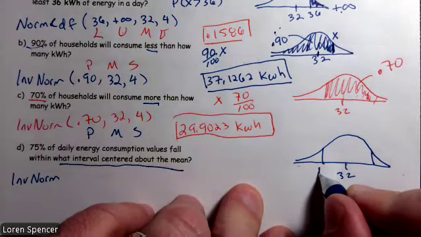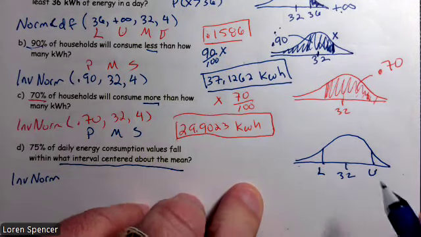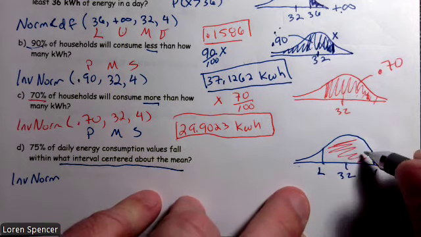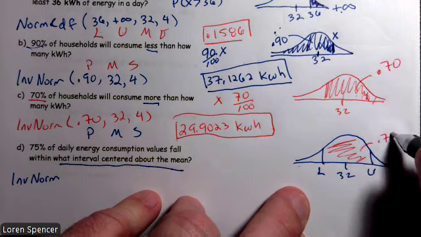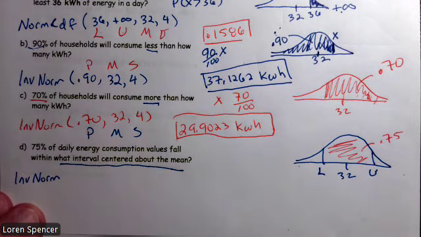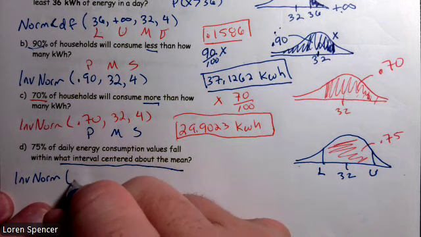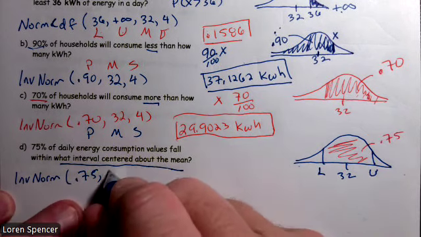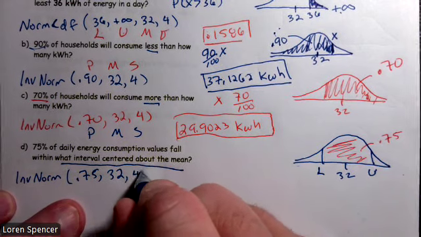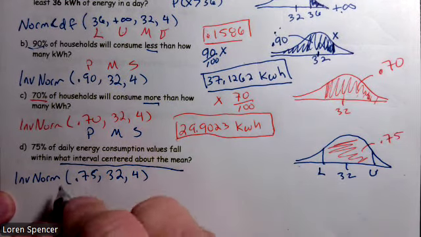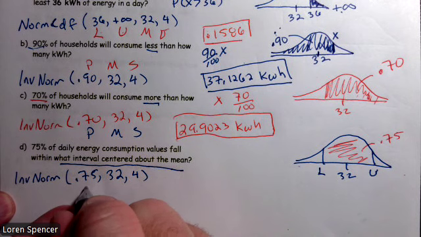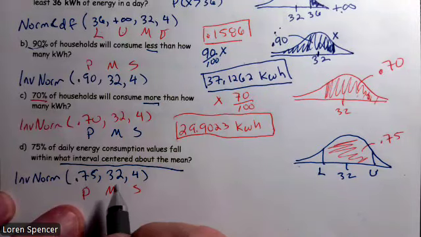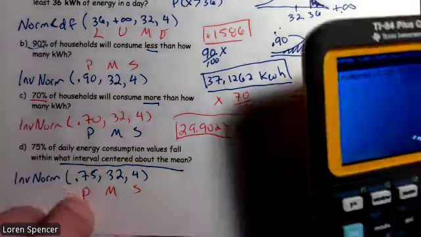We're looking for a lower and an upper, and this area right here needs to be 0.75. So inverse norm, the very first thing it's going to ask for is our area, which is 0.75. Well, we know our mean is 32, and they told us our standard deviation is 4. So this is our PMS, our percent, our mean, our standard deviation.